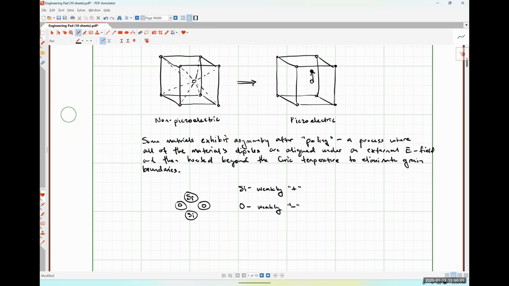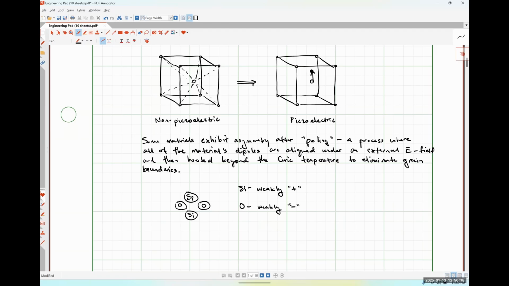weakly negative. If we were to try to compress this structure, doesn't matter if we're compressing it vertically or horizontally, or stretching it vertically or horizontally, the center of charge does not change, right?